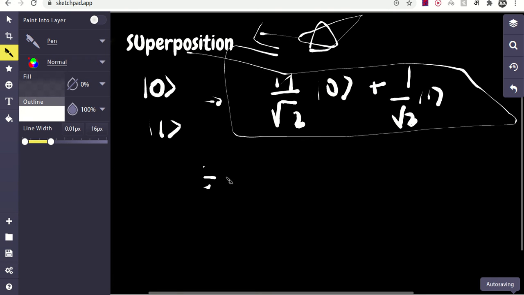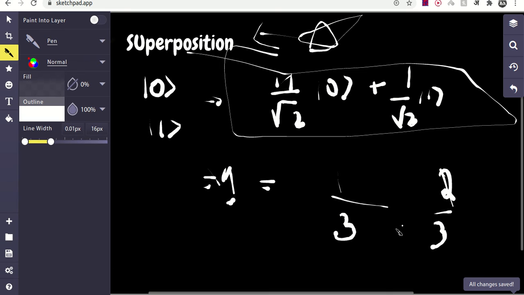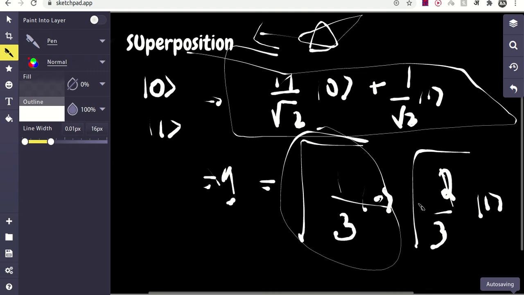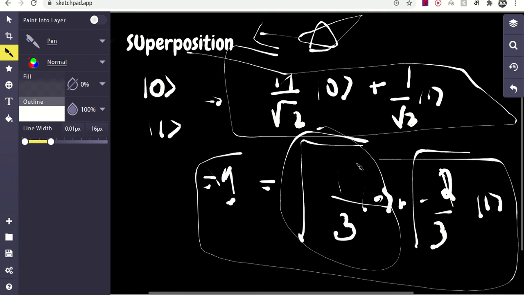This can also be whenever we divide the probability of 1 into ratios like 1/3 and 2/3 and its root. So this shows that there is 33% in 0 and 66% to be in 1. This is a different kind of superposition.